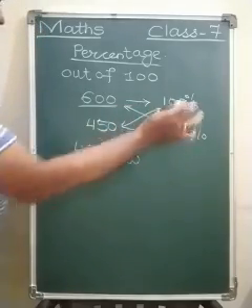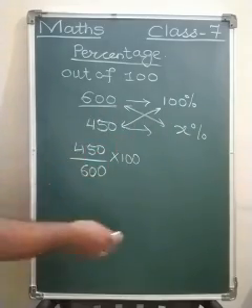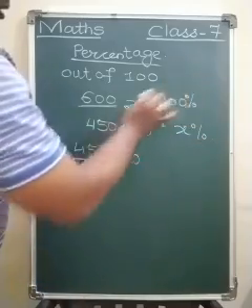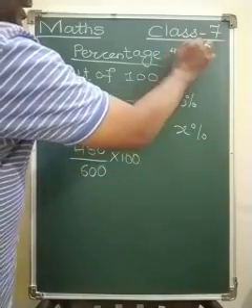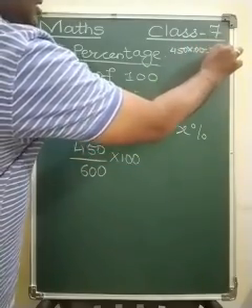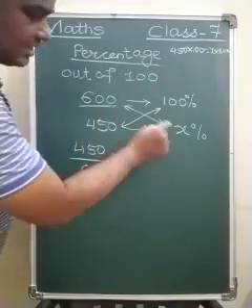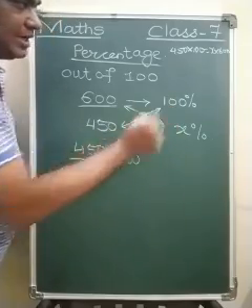This will become 450 multiplied by 100 equals x into 600. Cross multiplication. 600 is multiplied with x, 450 is multiplied by 100.